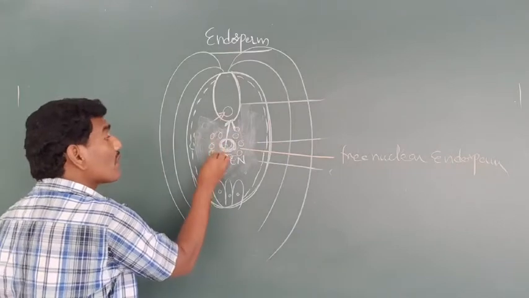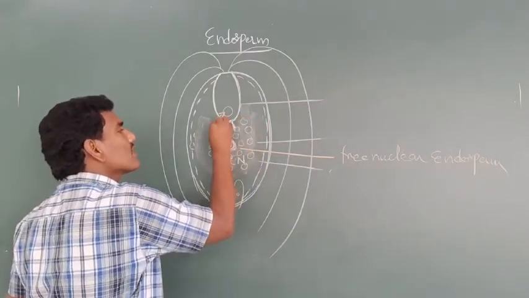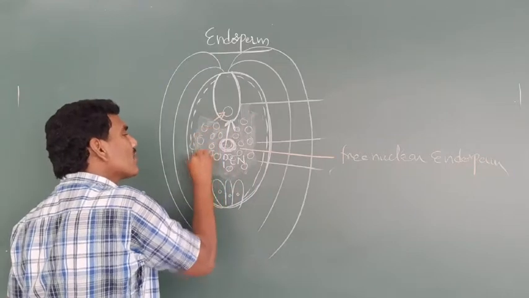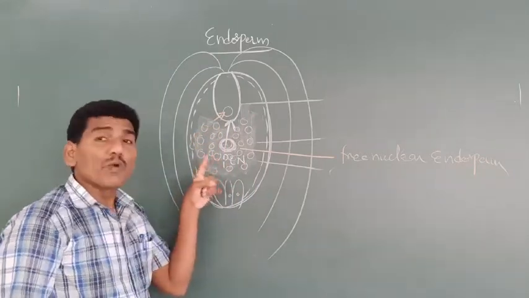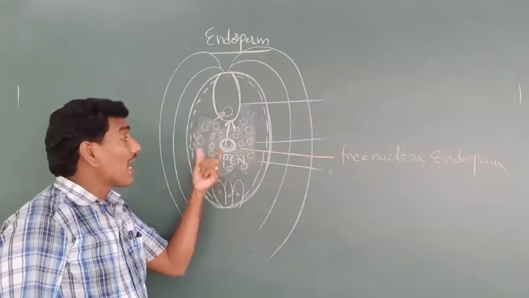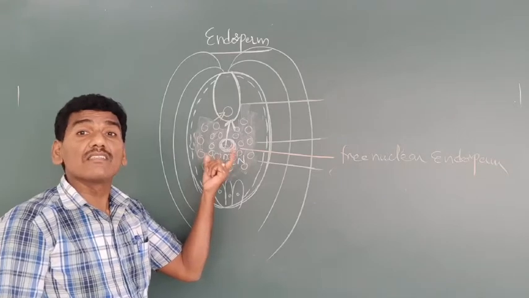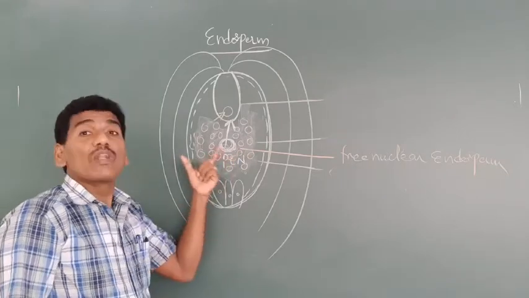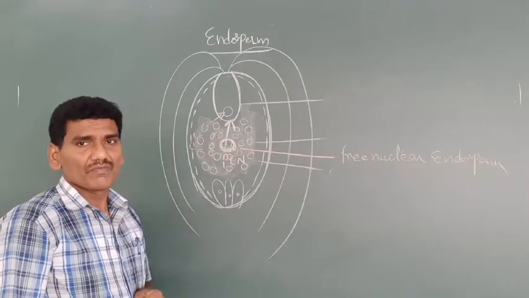Here, many nuclei are present. This is nothing but free nuclear division. One important point is that karyokinesis occurs but is not followed by cytokinesis. That's why many nuclei are developed inside the embryo sac.